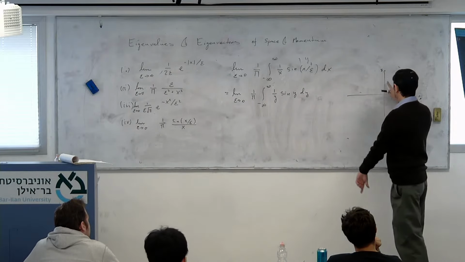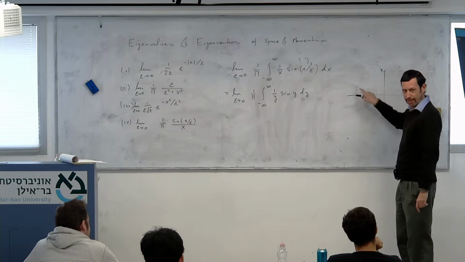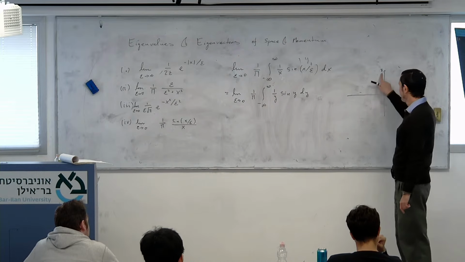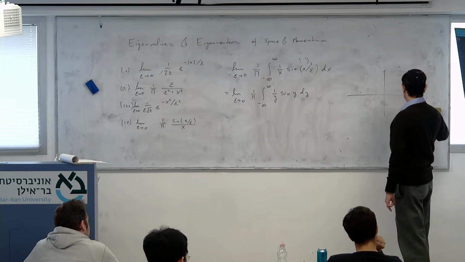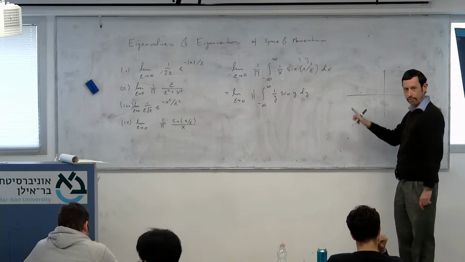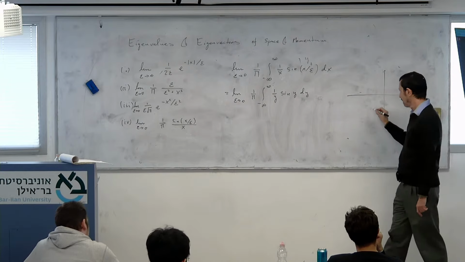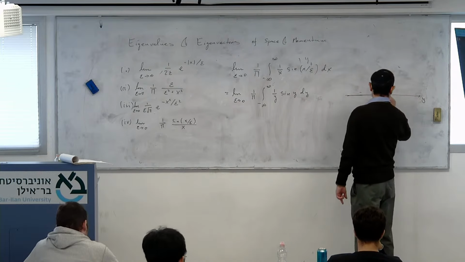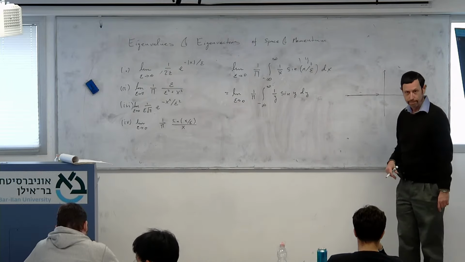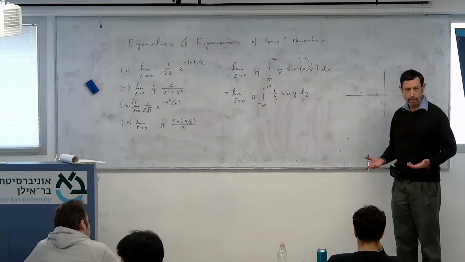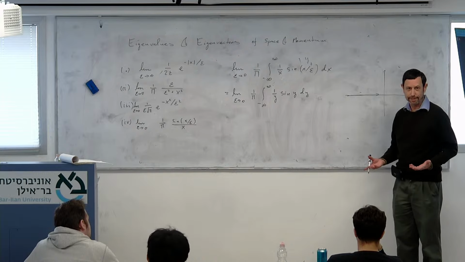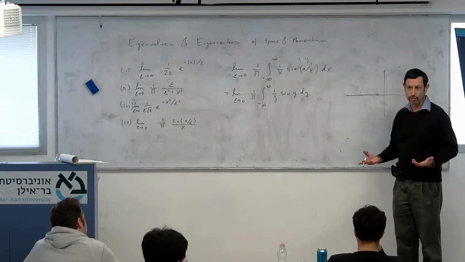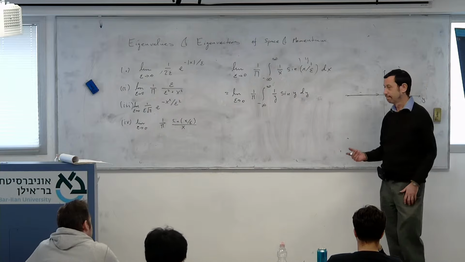This is the integral. Sorry about the y here. Okay, this is the integral from here to here. Like always in complex analysis, I want to integrate over a contour.